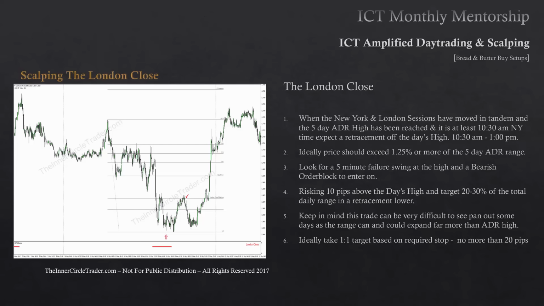And that's a good rule of thumb for day trading also, because if you have an expectation the market's going to go higher and you know what the average daily range high is going to be, you can use that projection from the daily low or London low and draw that fib all the way up, anchored to the 5-day average daily range high, well before price even gets there. And you can actually see, using this 20 to 30 level on your fib, that's usually where the close is going to be on that up close day, or it's going to close right on the high.